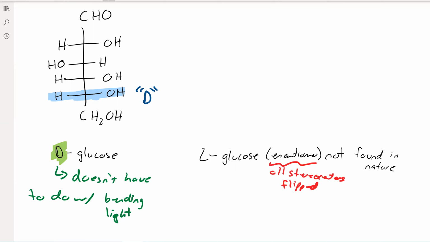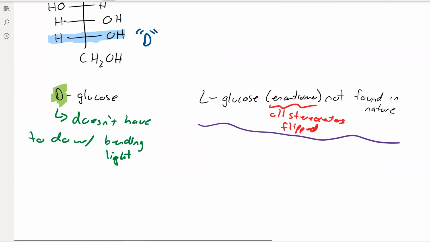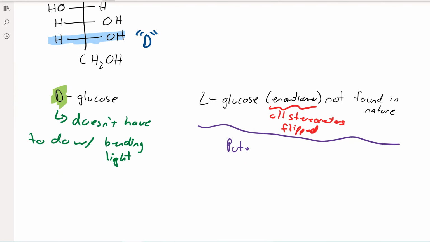So the cool thing about L-glucose, the enantiomer, is that it has potential as an artificial or calorie-free sugar. Your tongue can't tell the difference between these two enantiomers, so they both taste sweet.